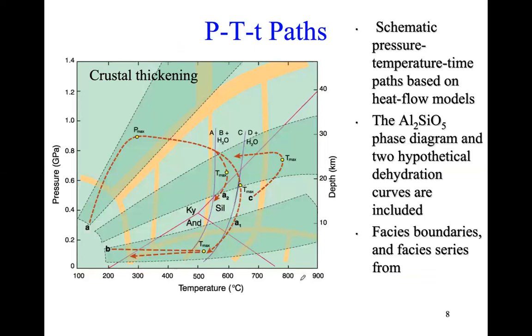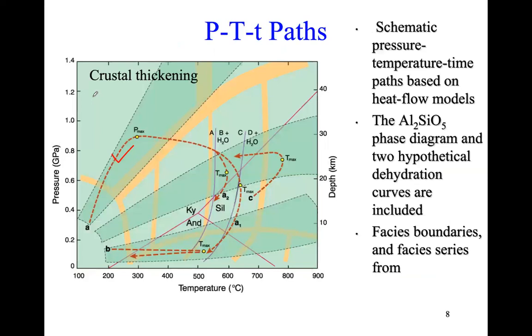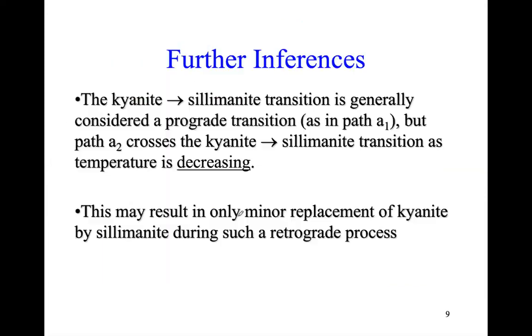Okay, so the typical crustal thickening PT path, you can refer to it like this, and we also have some other inferences. For example, if you take the path A1, there what you see is the kyanite-sillimanite transition.